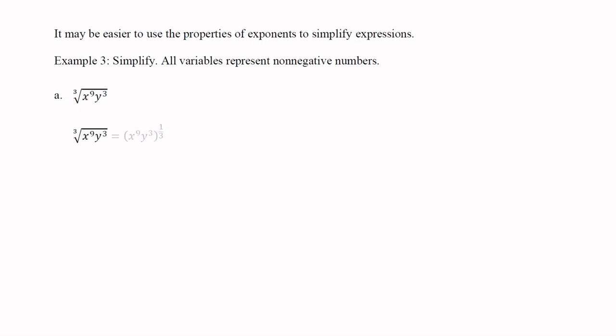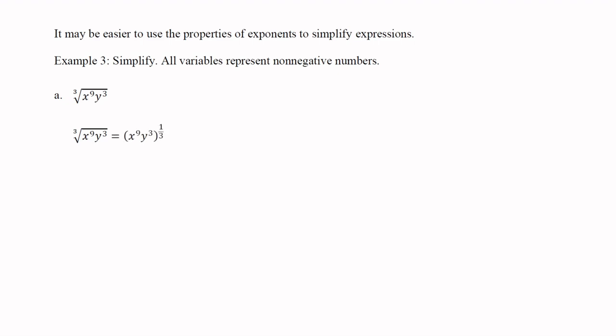It may be easier to use the properties of exponents to simplify expressions, as you just saw in that last example. So we are going to simplify and assume that all variables represent non-negative numbers. So let's take a look at the cube root of x to the 9th, y to the 3rd. Let's rewrite that in terms of powers.